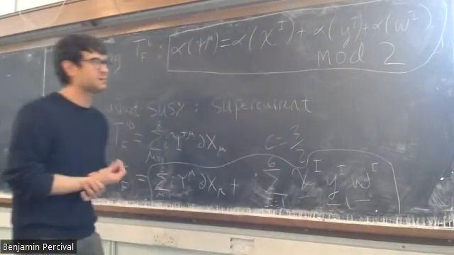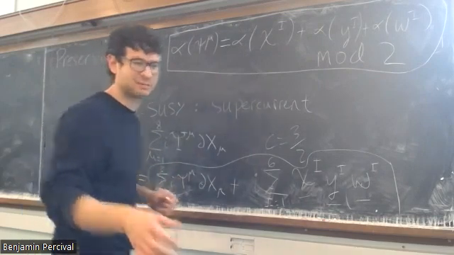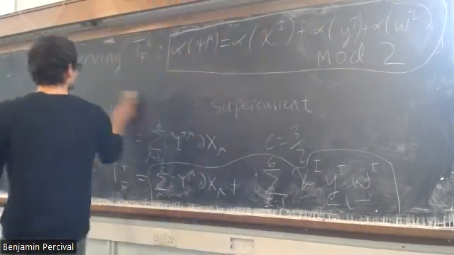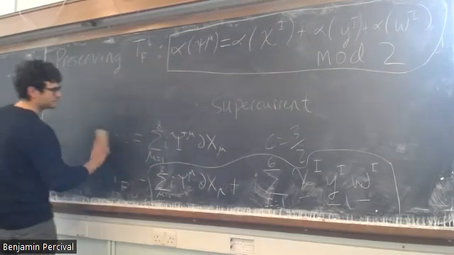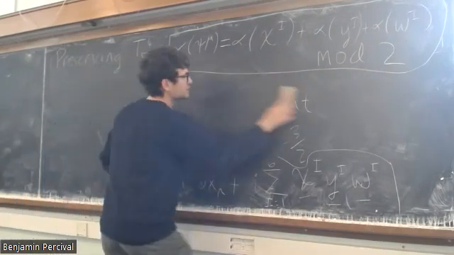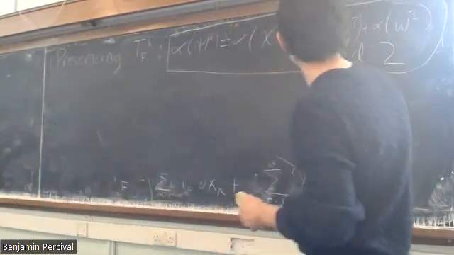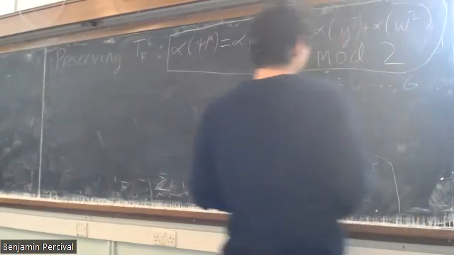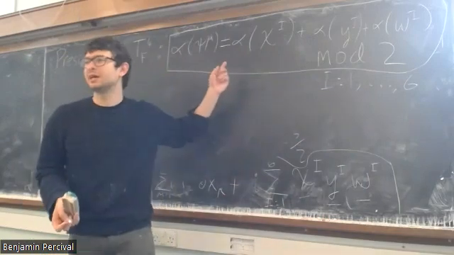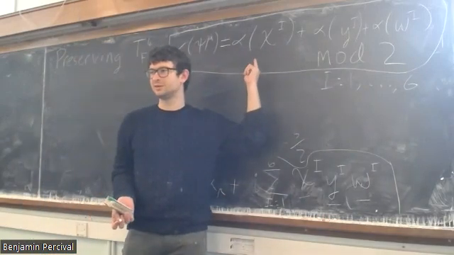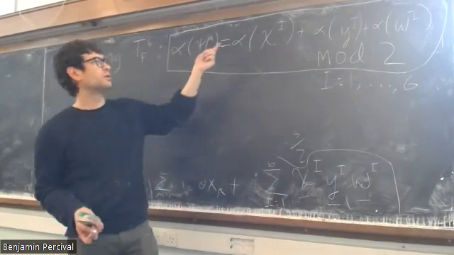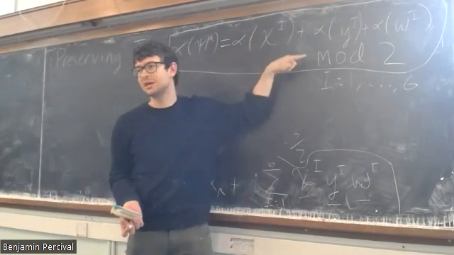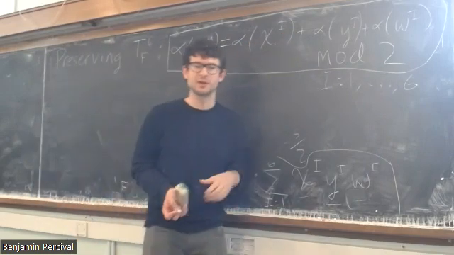So for example, if you had a basis vector, maybe I'll give an example where this isn't true. So notice that remember i is from 1 to 6. So this is really like 6 equations, because you have to check it for i equals 1, you have to check it for i equals 2, and so on.